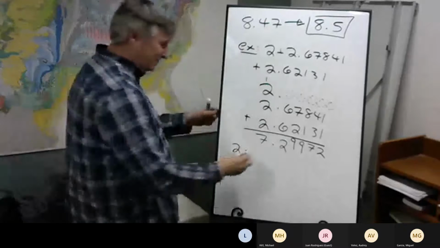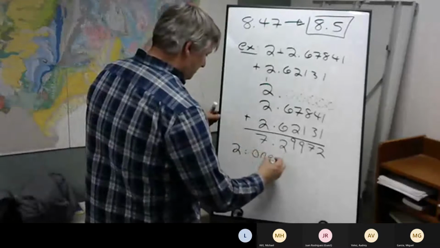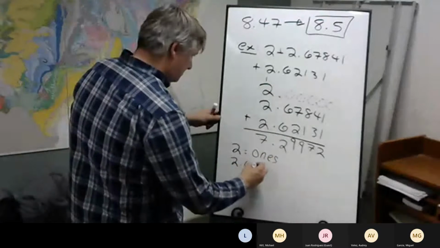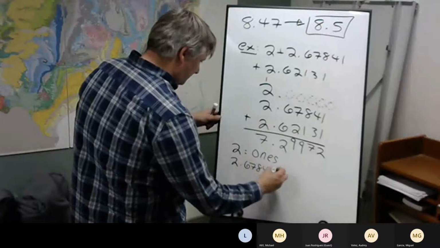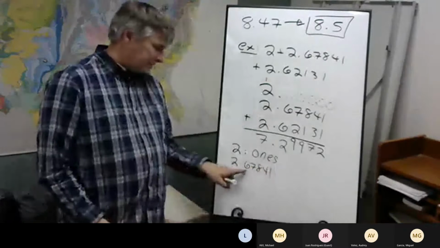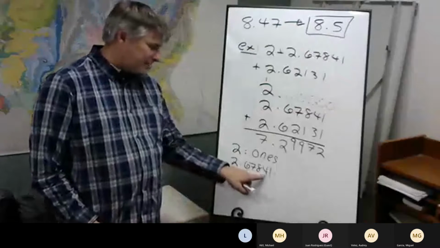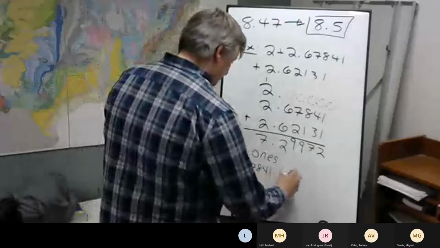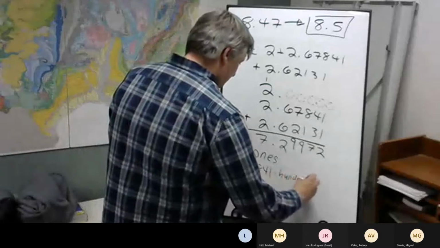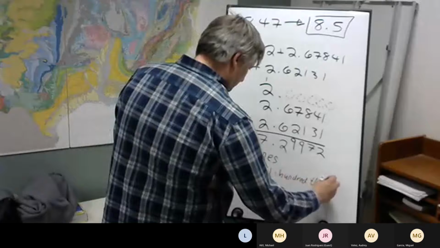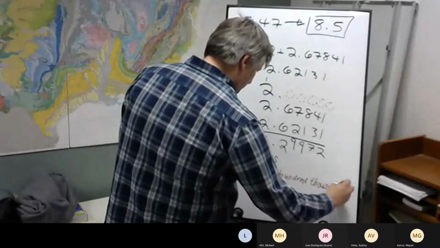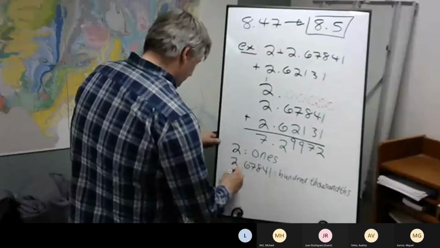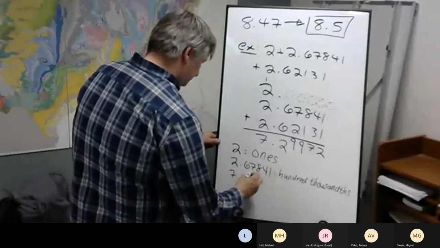The precision here is the 1s. This one, tenths, hundreds, thousands, 10,000s, 100,000s. Really great measurement.